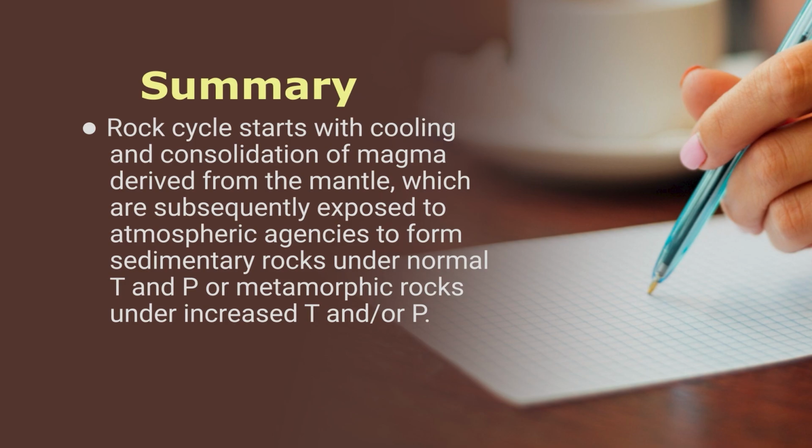The rock cycle starts with the cooling and consolidation of the magma derived from the mantle, which is subsequently exposed to the atmospheric agencies to form sedimentary rocks under normal temperature and pressure, or metamorphic rocks under increased temperature and pressure.